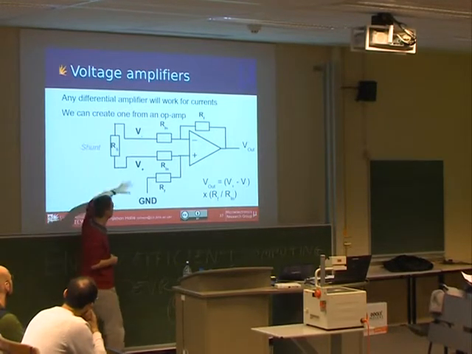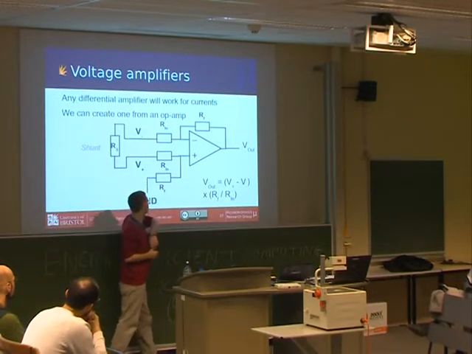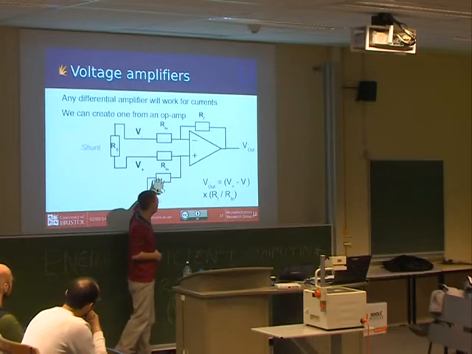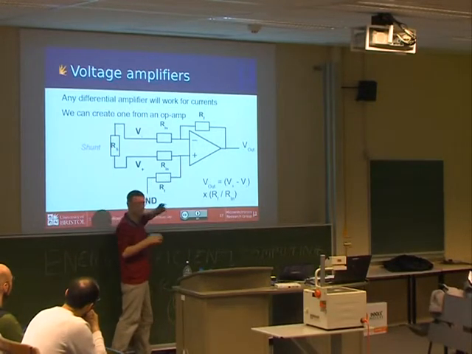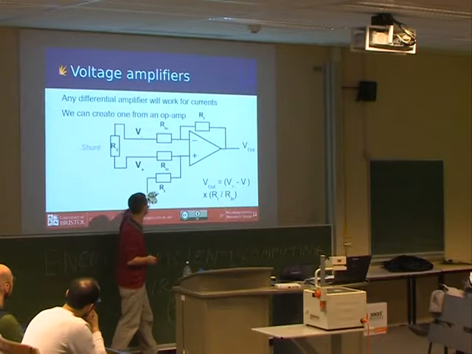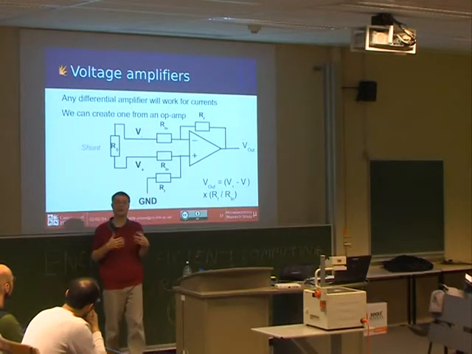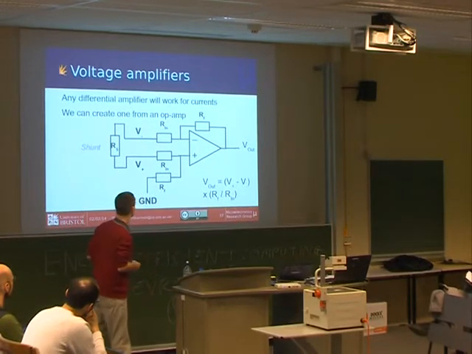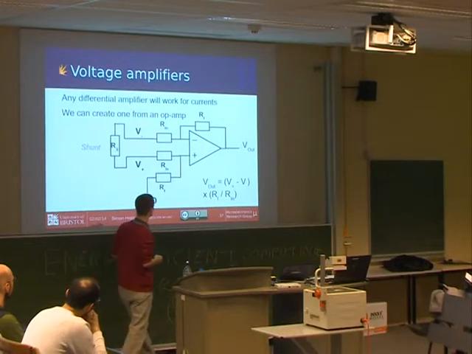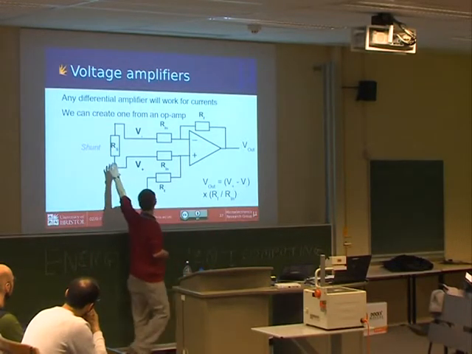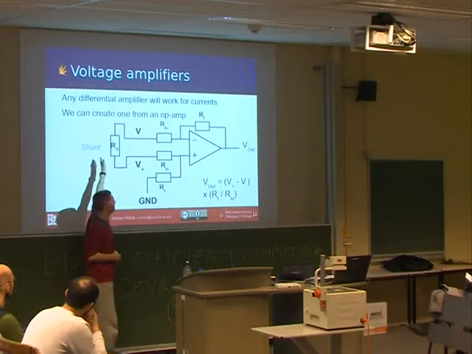And you can set these resistors: for 50 times gain, I set this one to 50,000 ohms and this one to 1,000 ohms. And then we just take that across the sense resistor in our power supply.